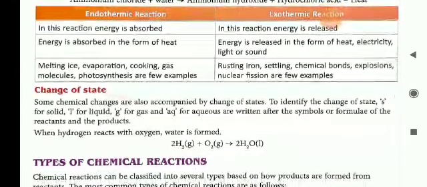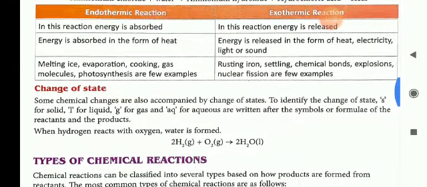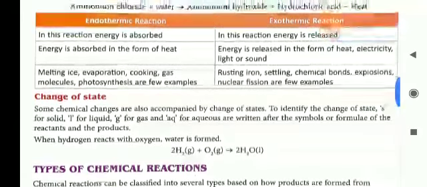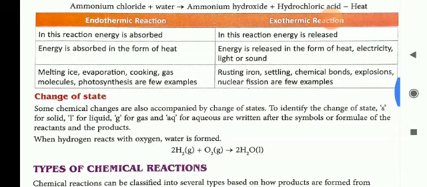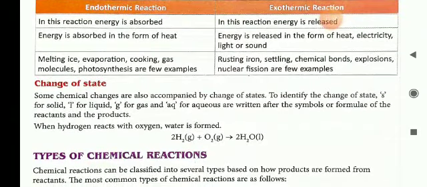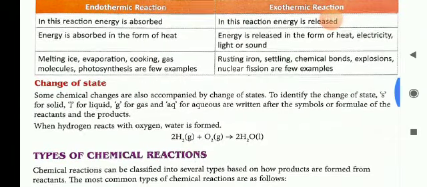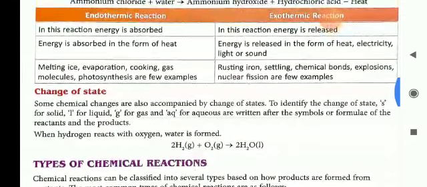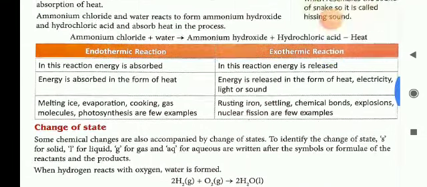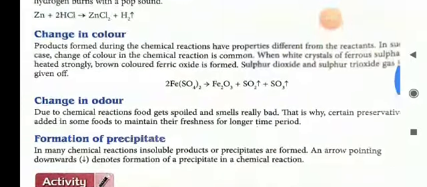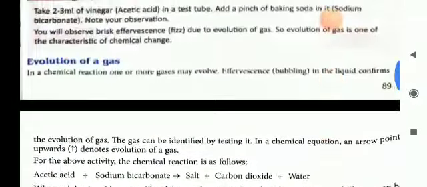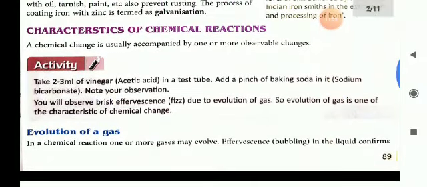Hydrogen is gas, oxygen is also gas. But when these two gases react together, then water forms there, and water is liquid. So sometimes after reaction, the state of the substance gets changed. So these are the different characteristics of chemical reaction.